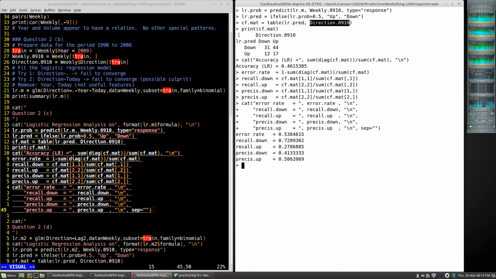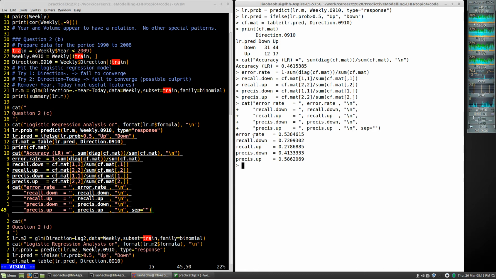We can see that we have 31 Down and 17 Up predicted correctly. The others are wrongly predicted, which is why we find the accuracy to be very low.